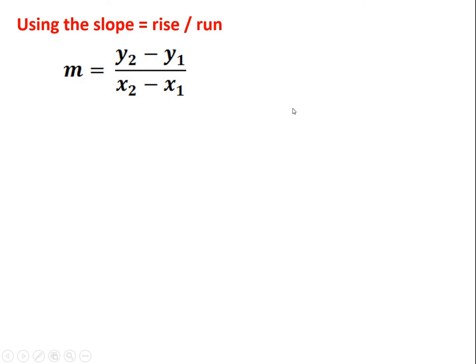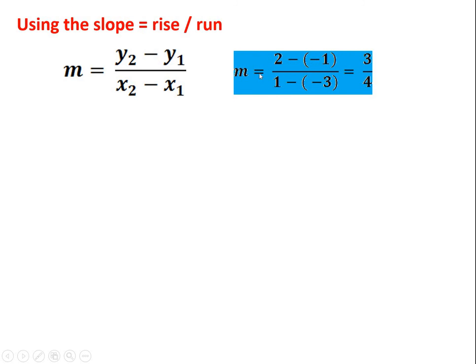Using the slope, rise over run, wherein m is the slope, equals y2 minus y1 all over x2 minus x1, we substitute the values and arrive at 3/4 as the slope. There is a property for slopes if parallel lines are given.